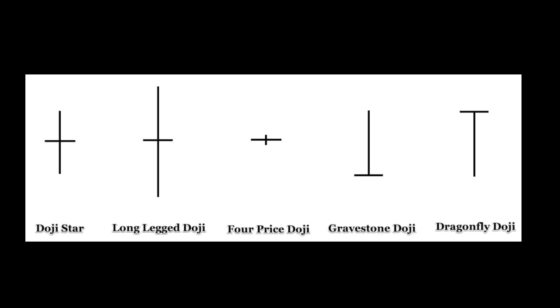Now, with that, we'll go with the Doji Star first. The characteristics of this are going to be a cross shape, very clearly seen here. It has the same open and closing price. It is small and equal in length with the upper and lower wicks.